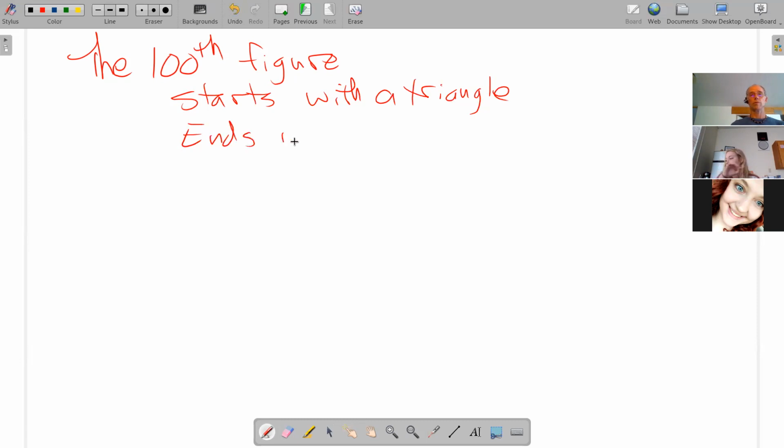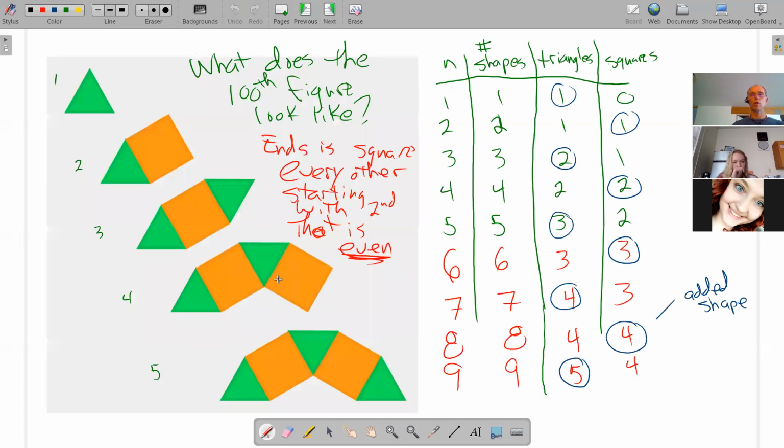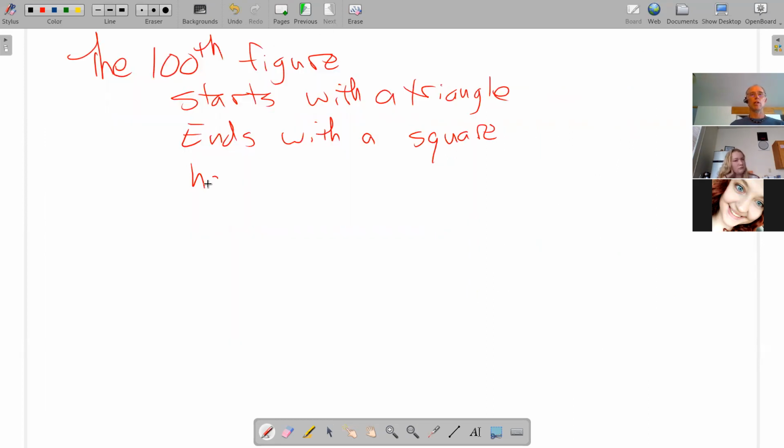Ends with a square. What else do I know? Well, the total number of shapes is always the figure's position in the list, right? The second one had 2, the third one had 3, and so on. Okay, so we know that too. Has 100 shapes.